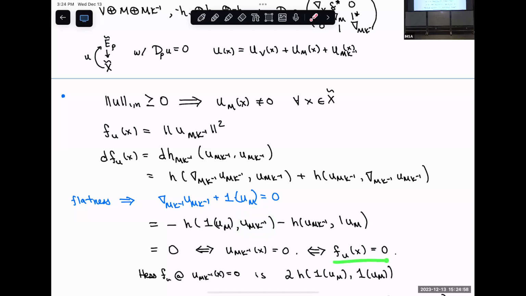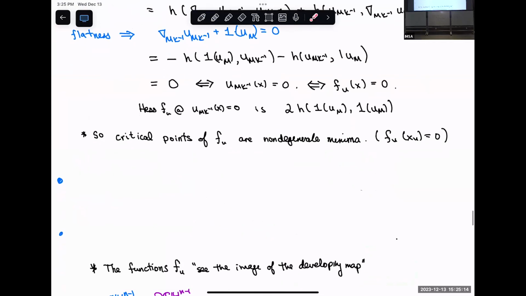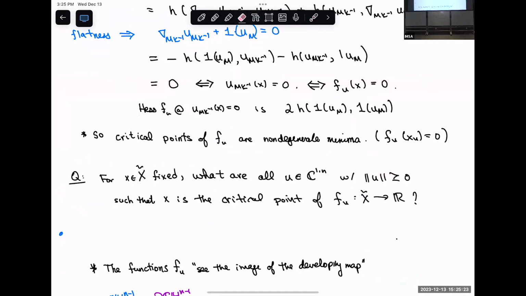And that's exactly when the function is 0. And you compute the Hessian, and it's like twice the norm squared of 1 applied to the middle projection. Also, it's positive. So the critical points are non-degenerate minima. Let me just see what I have here.